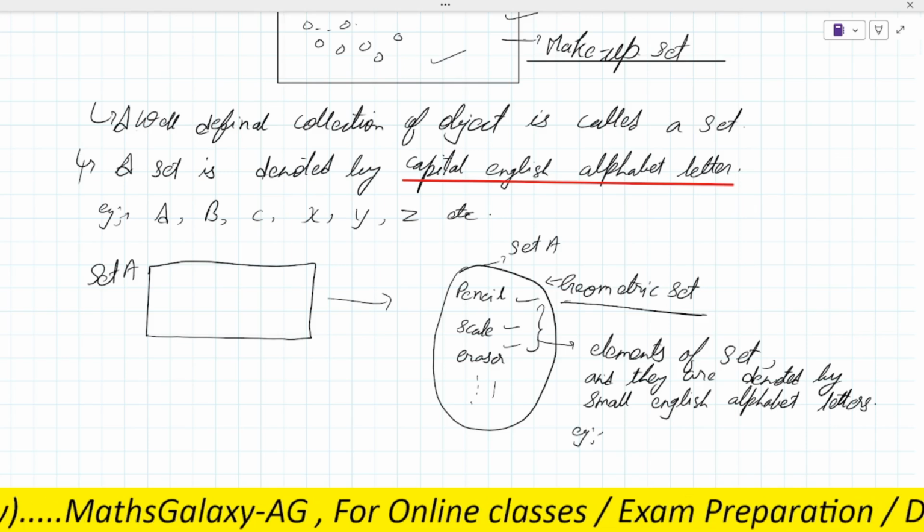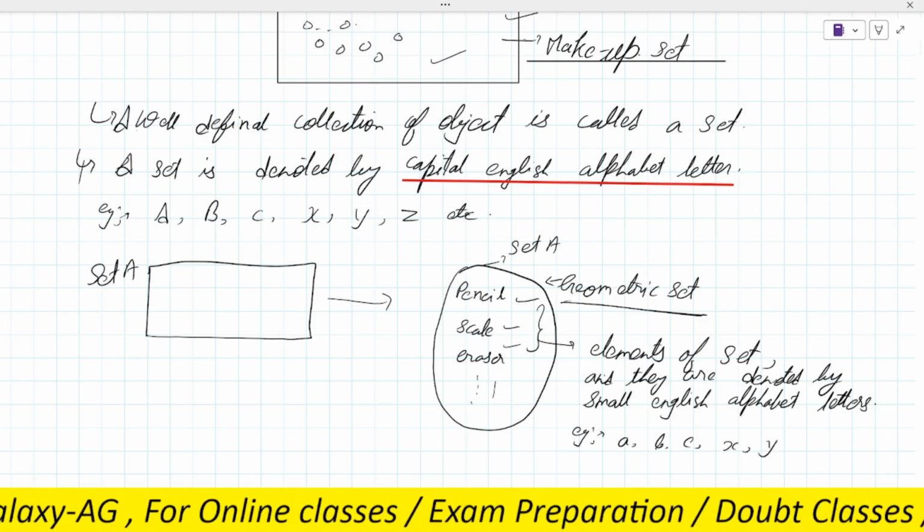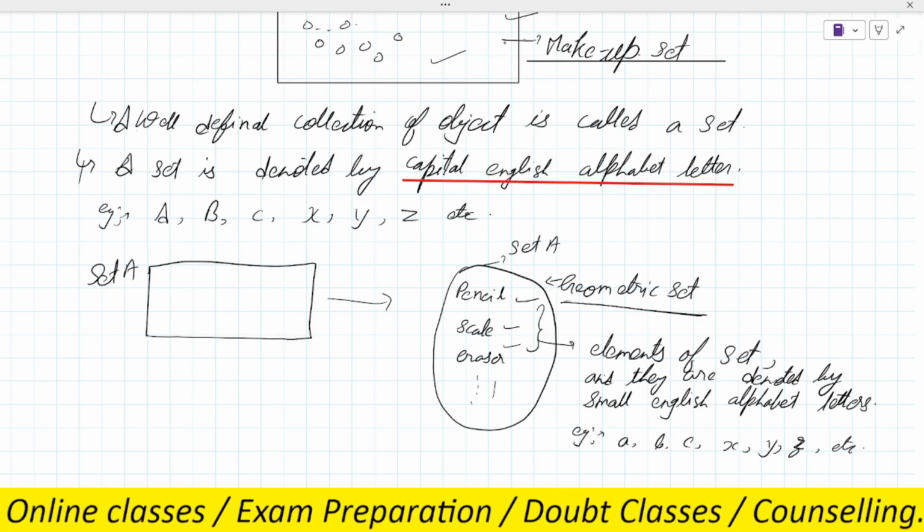Just like for example A, B, C, X, Y, Z, etc. Is it clear?